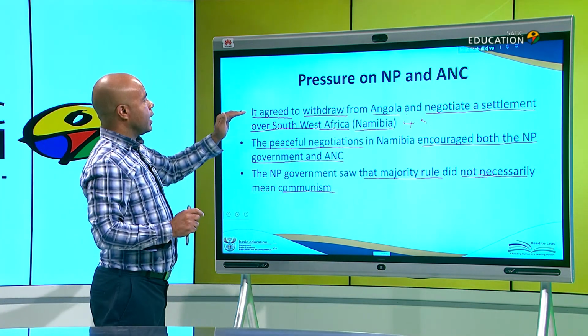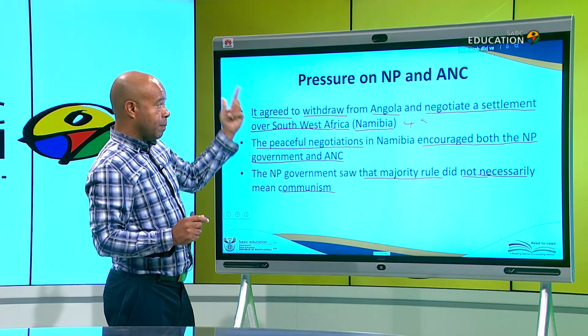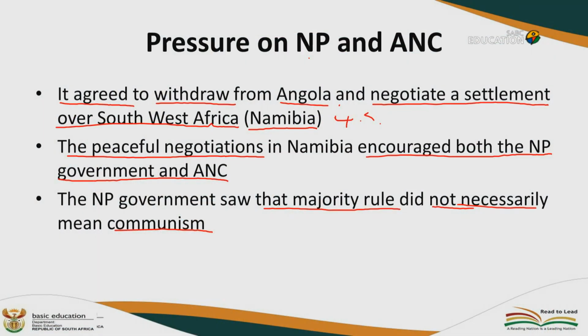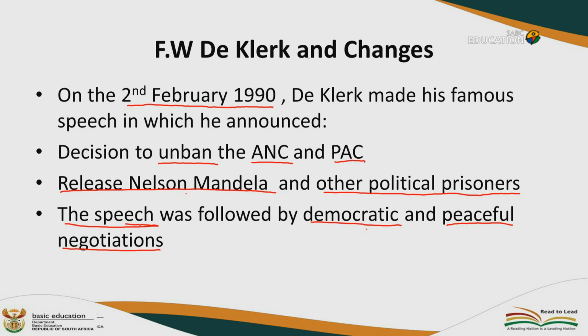The National Party agreed to withdraw from Angola and negotiated a settlement over Southwest Africa, Namibia, meaning Namibia received independence in 1989. The peaceful negotiations in Namibia encouraged both the National Party and the ANC. The National Party government saw that majority rule did not necessarily mean communism.